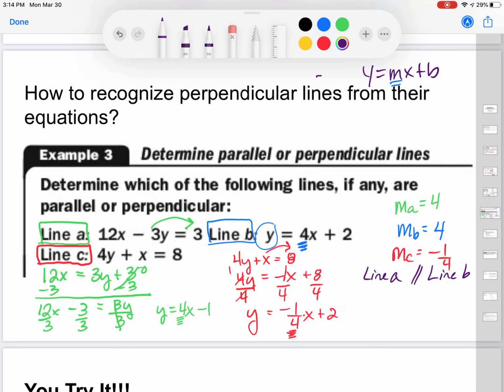Now what about perpendicular, okay? Well, if you take that 4 and put it over 1, and you flip it, that would be 1/4, and you change the sign, that would be negative.